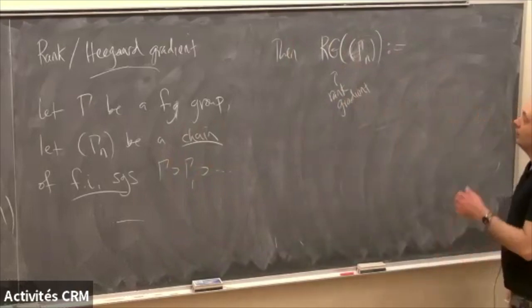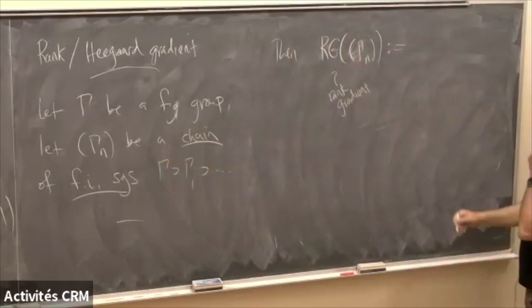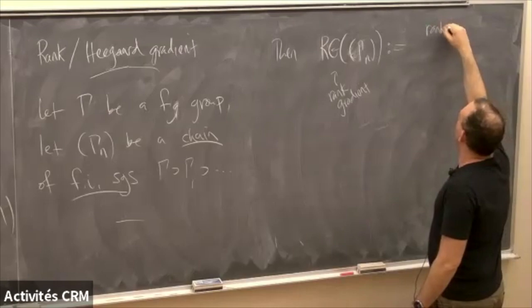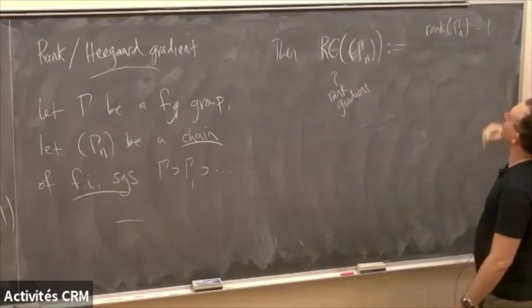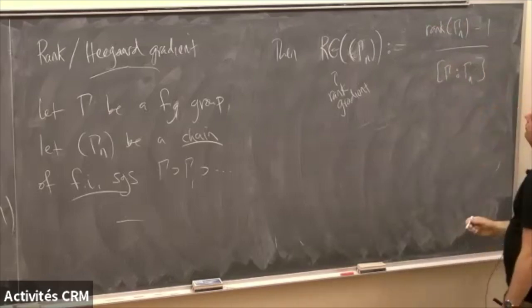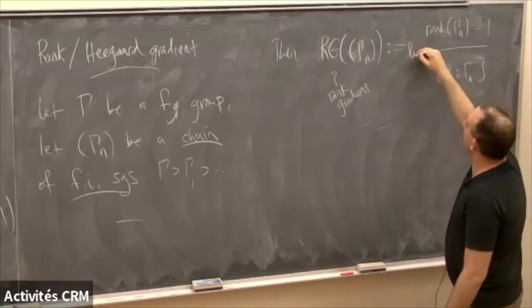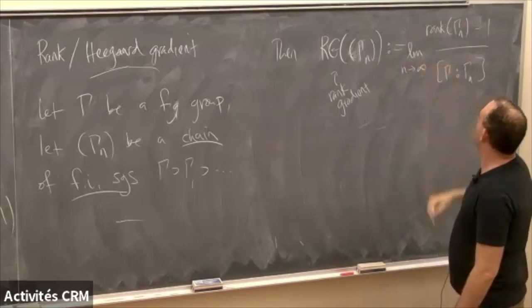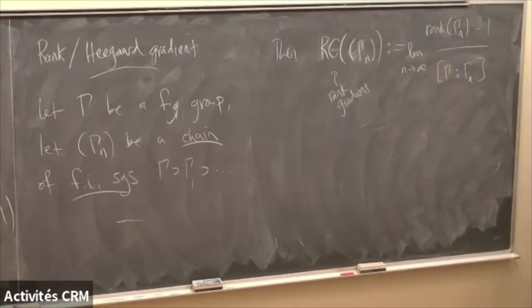And what's the rank gradient? Well, you take the rank of gamma n, subtract 1, and compare that to the index, and then you take a limit as n goes to infinity. If these indices are going to infinity, then the -1 doesn't really matter, so you can basically pretend that this is just rank on the top. But why do we include the 1?